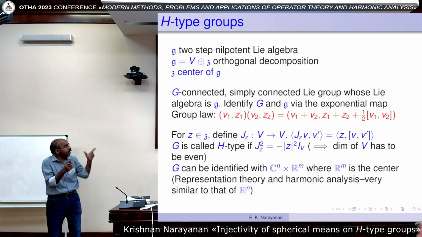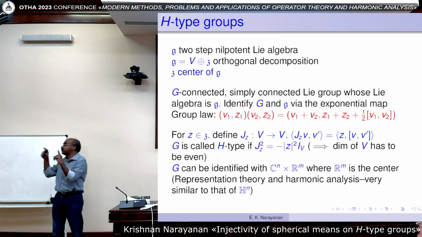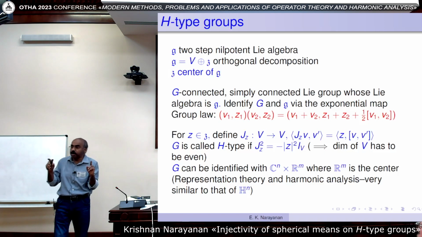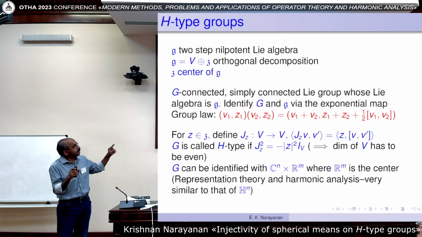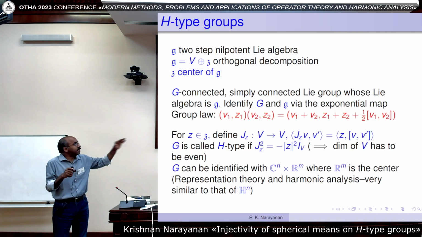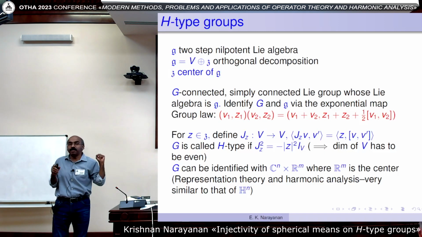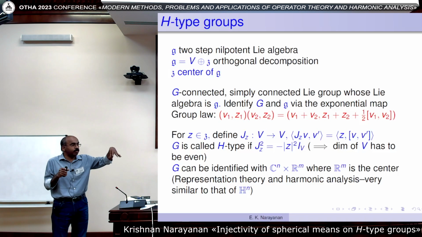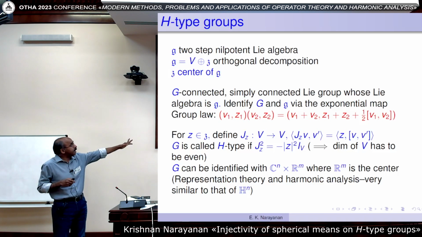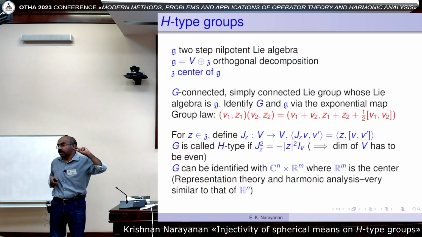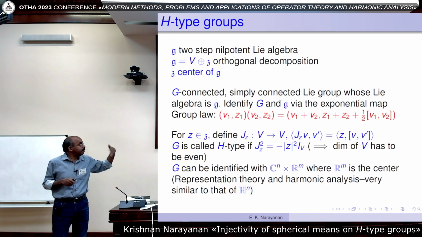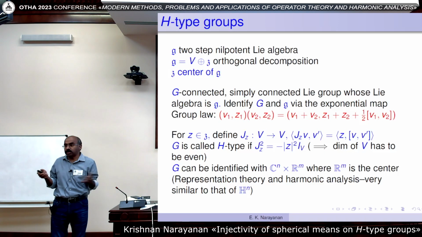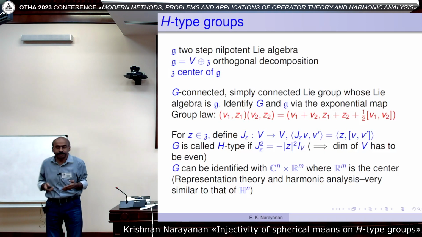So on V you have a map which satisfies certain conditions; that is what you mean by an H-type group. The condition says J_z square is minus something times identity, which says that the dimension of V has to be even. If I take a central element z which has modulus 1, then I have a map whose square is minus 1. So that means it has to be even dimension.